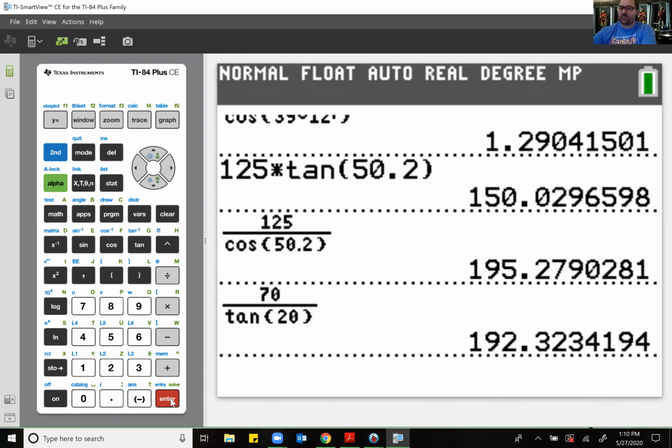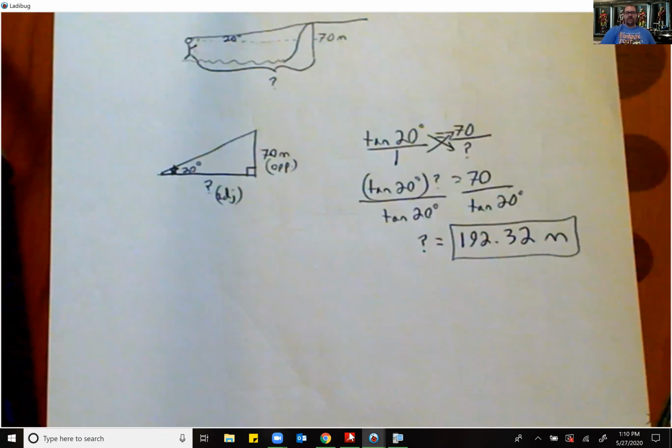Enter. And 2 decimal places will be 192.32, and we are in meters. There you go. That is what I would put into the missing blank.